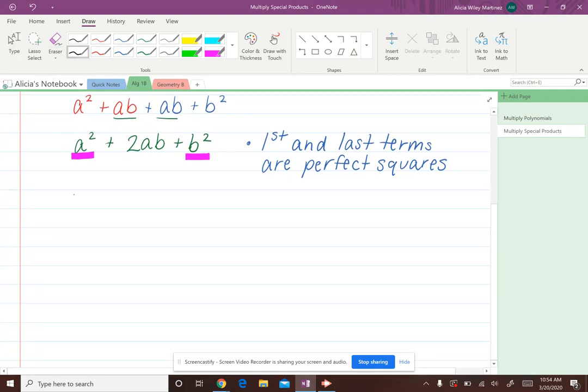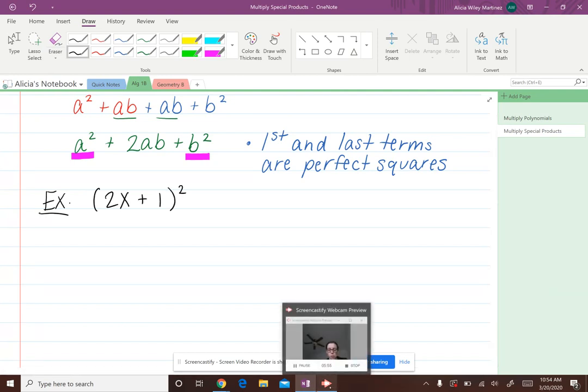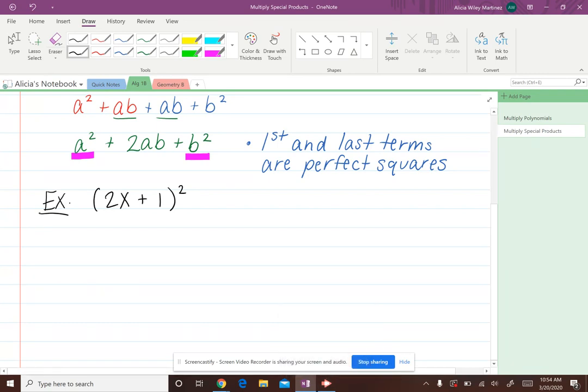So we can try an example of this using numbers. Let's do 2x plus 1 to the second power. Going ahead and multiplying that out, this is what this would look like. Now, you cannot just distribute it, because if you do, you would just get 4x squared plus 1 if you just square the 2x and square the 1.